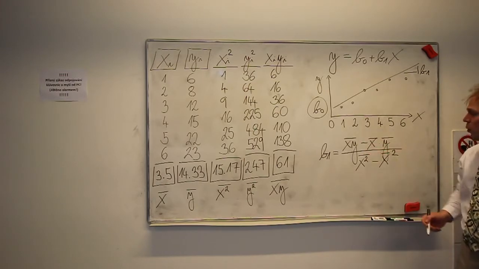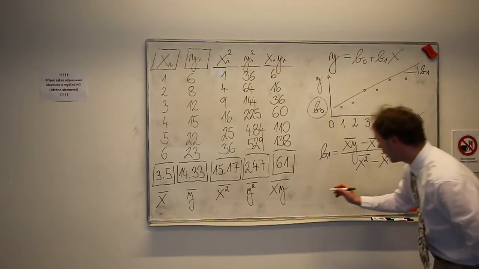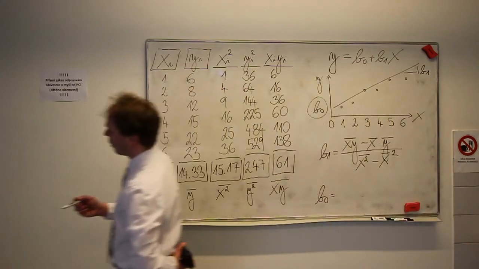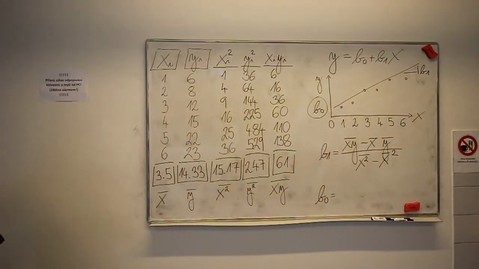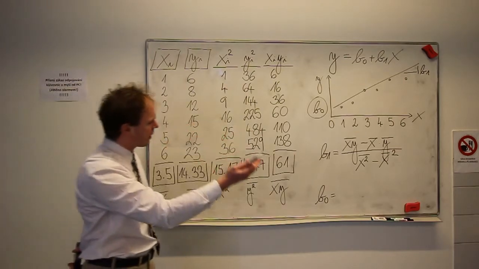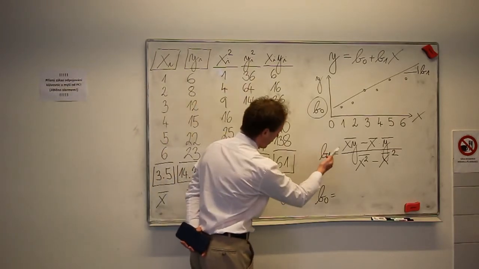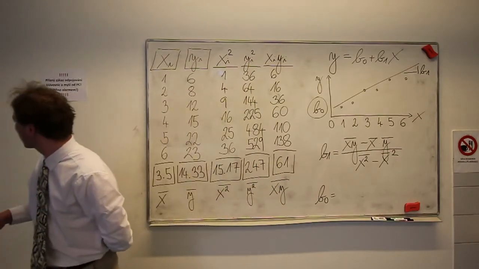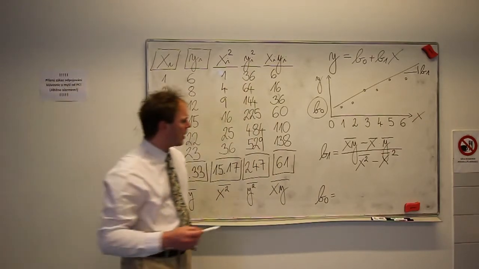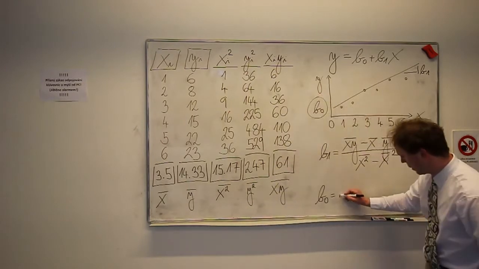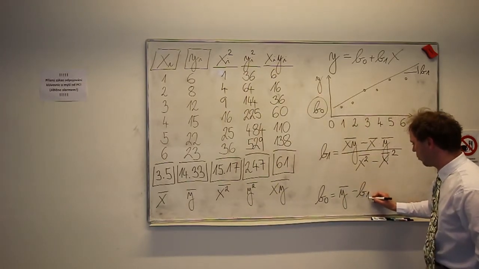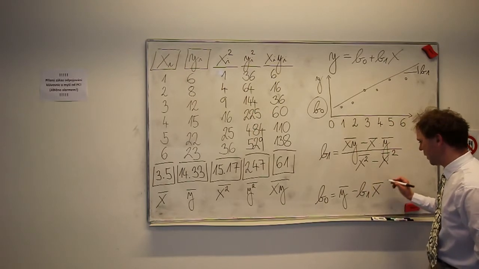And after we have calculated b1, we can calculate b0, yes? Because in the formula of b0 there is used the coefficient b1. So what's written on the table? y mean minus b1 times x mean, yes?